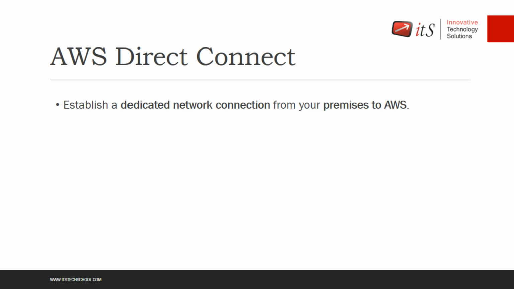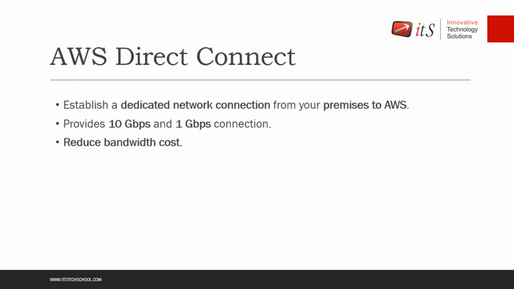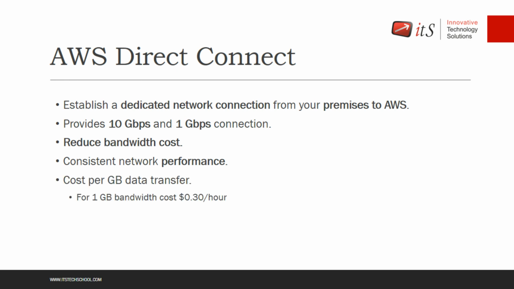Whenever you create a request for Direct Connect, AWS provides you a lease line of 1 Gbps or 10 Gbps from the AWS data center to your on-premise data center. That can reduce the cost, right? And it will provide you consistent performance without any latency, right? And this is the basic costing.